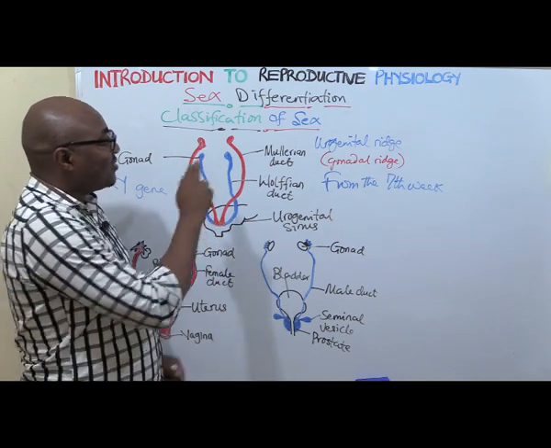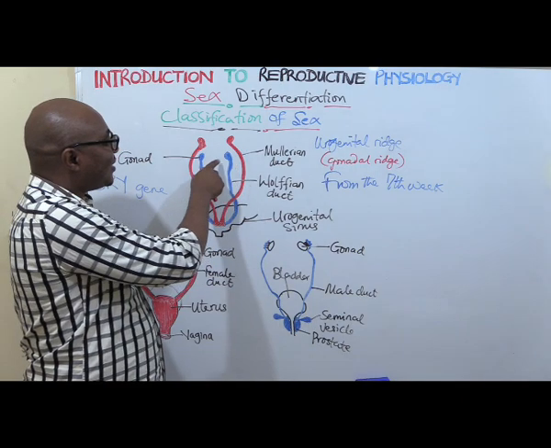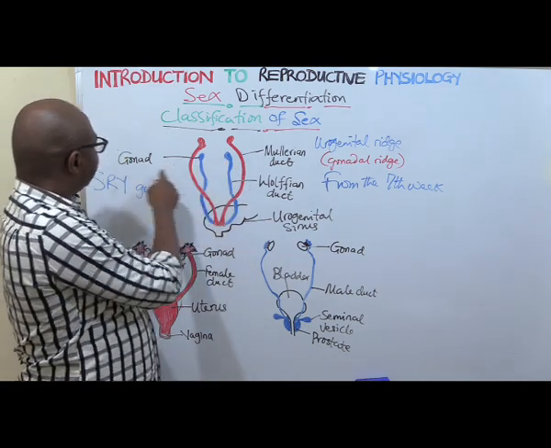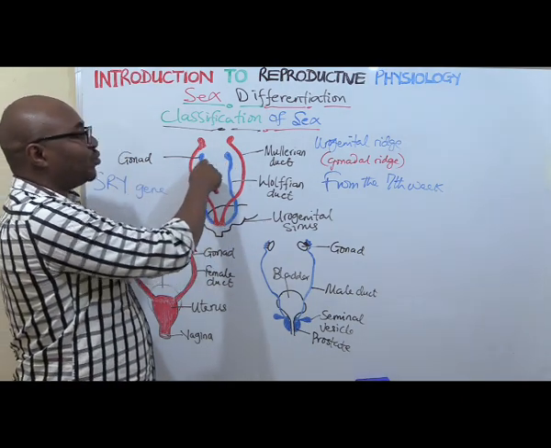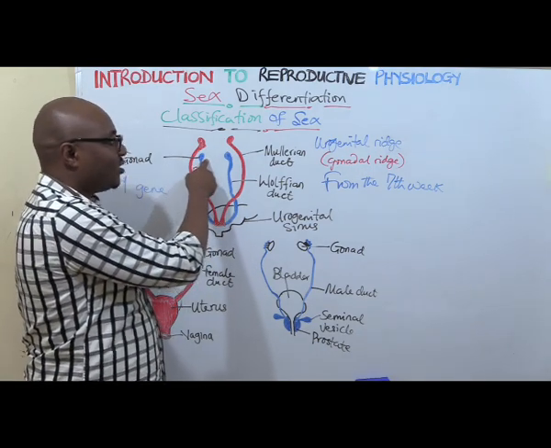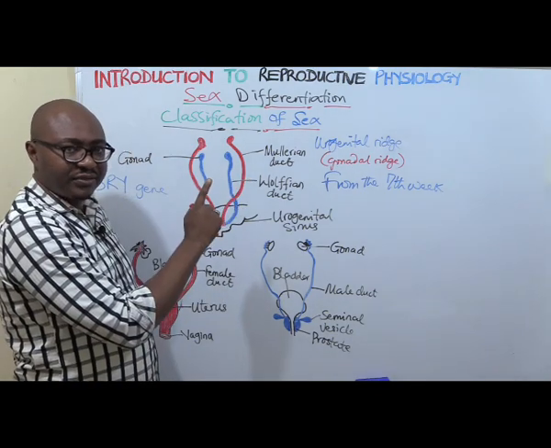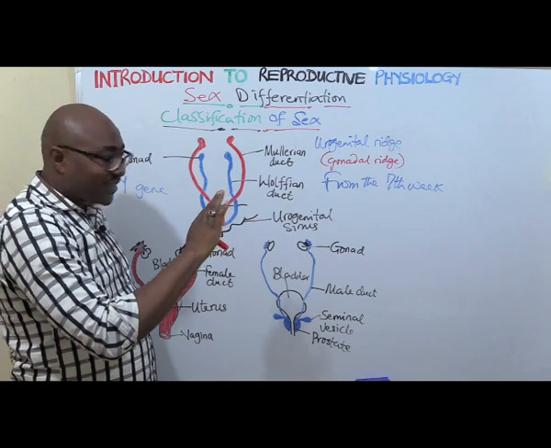All right, so the proteins that it's making will determine whether this gonad will differentiate into a testis or will differentiate into ovaries. All right, is that clear?